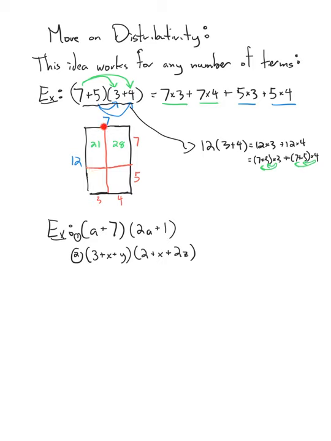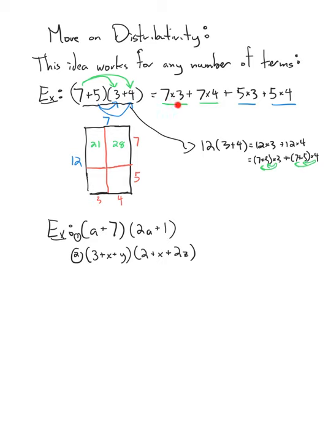Then I'm going to break the dimension 7 into 2 pieces by drawing a vertical line here: a piece of 3 and a piece of 4. This small rectangle here is 7 by 3, and the area of that is 7 times 3, which is 21.